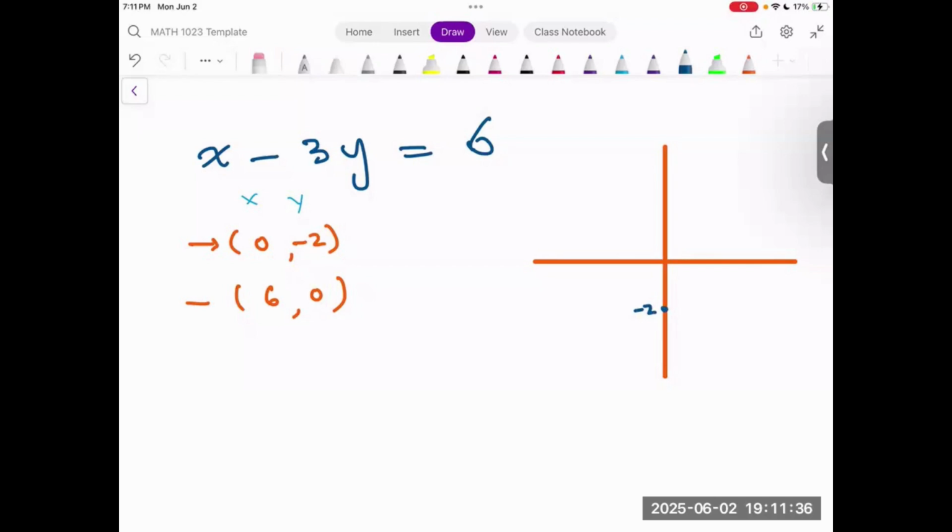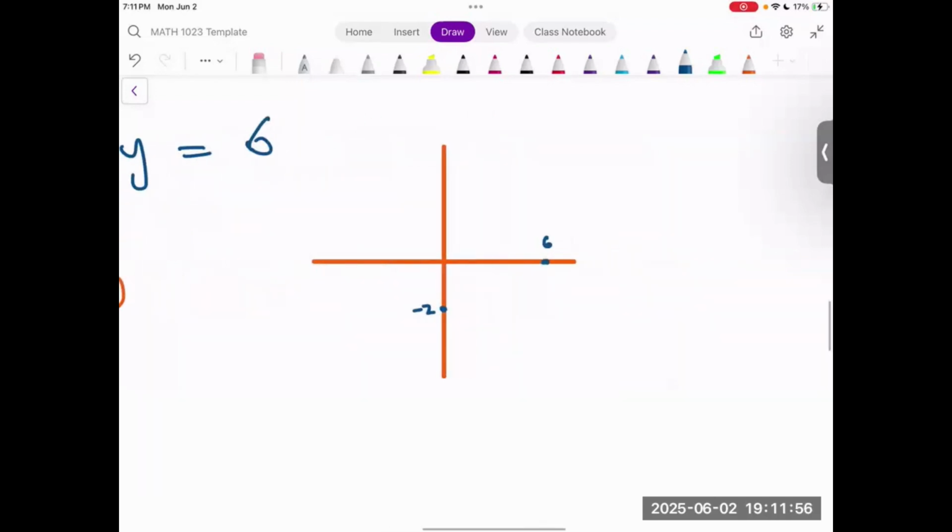The other one is 6, 0, let's say over here. Those are the x-intercept and the y-intercept. And since this is the equation of a line, are you able to graph it right now? Obviously, if you connect these 2 points, you're all set.